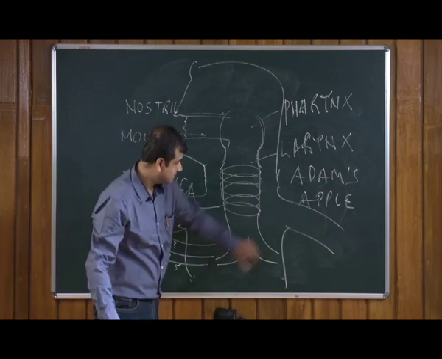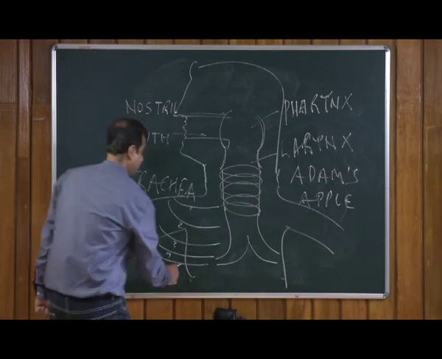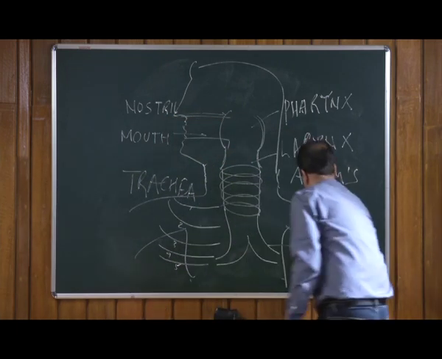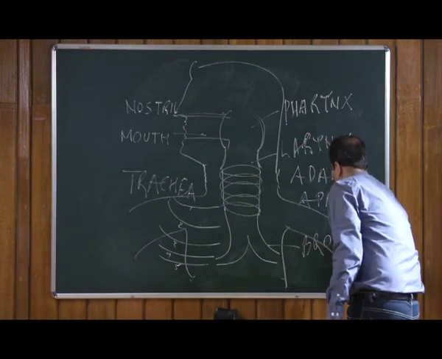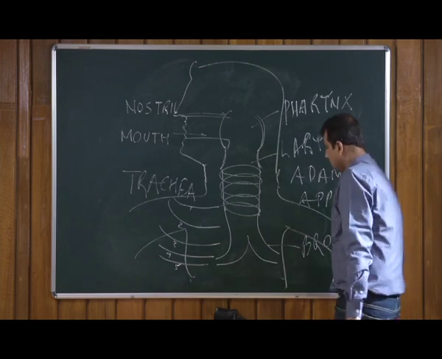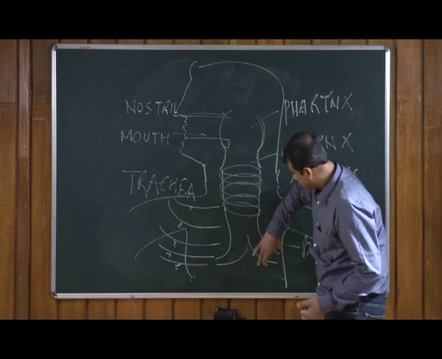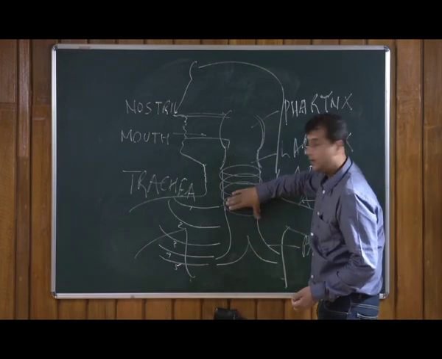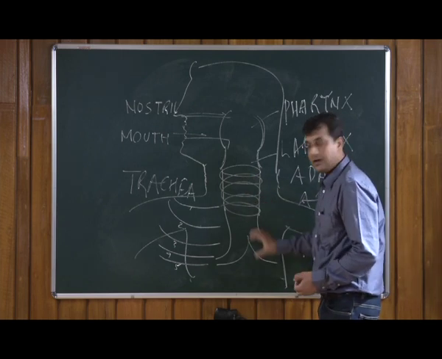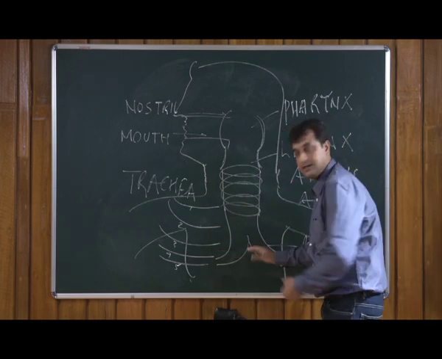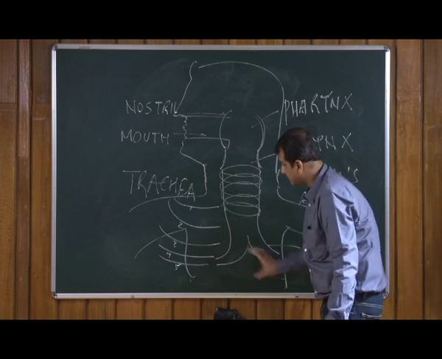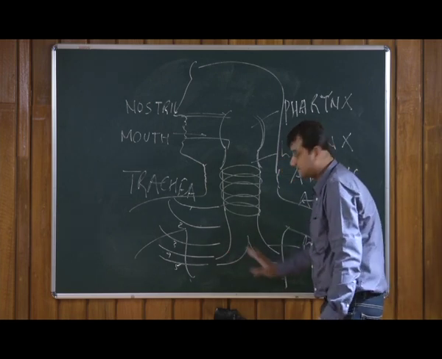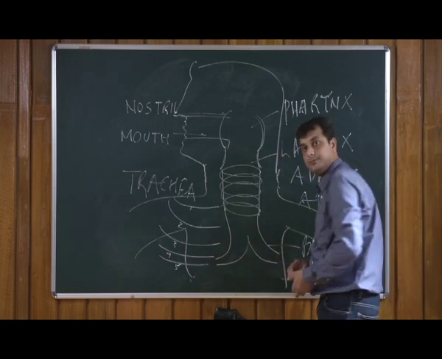This bifurcation is called the bronchi. These bronchi are the terminal part of the trachea. There is a cartilaginous ring, and at the level of the fifth rib there is a bifurcation, and this bifurcation leads into two distinct bronchi.